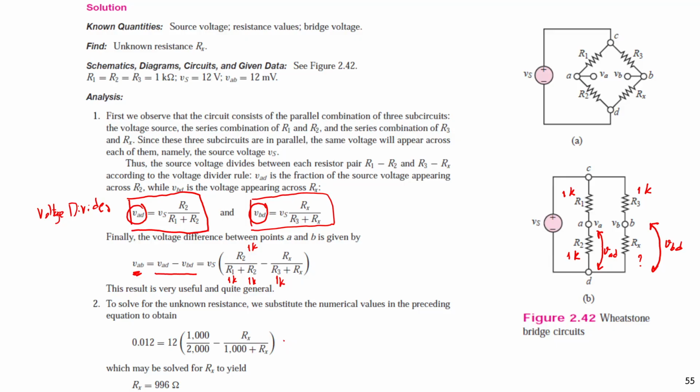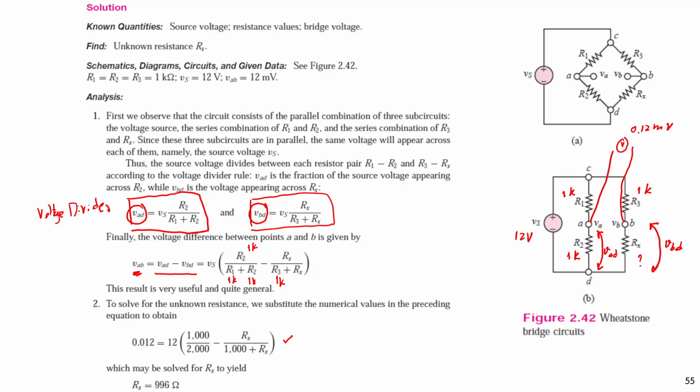Substitute 1K, 1K, 1K, 1K. If we have a meter here and it shows 0.12 millivolt, we know that we supply 12 volt, and we know that our circuit is 1K, 1K, 1K, 1K.